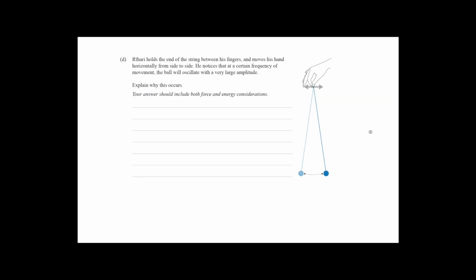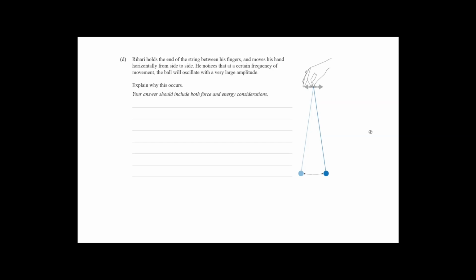Right, the last question says that Rihari holds the end of the string between his fingers, moves his hand horizontally from side to side, and he notices at a certain frequency of movement the ball will oscillate with a very large amplitude. Explain why this happens.